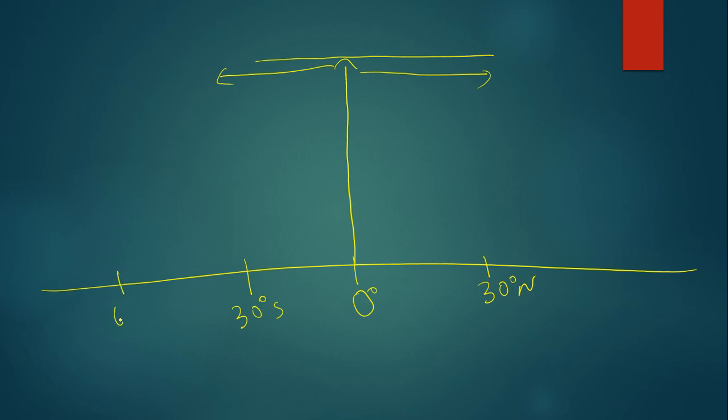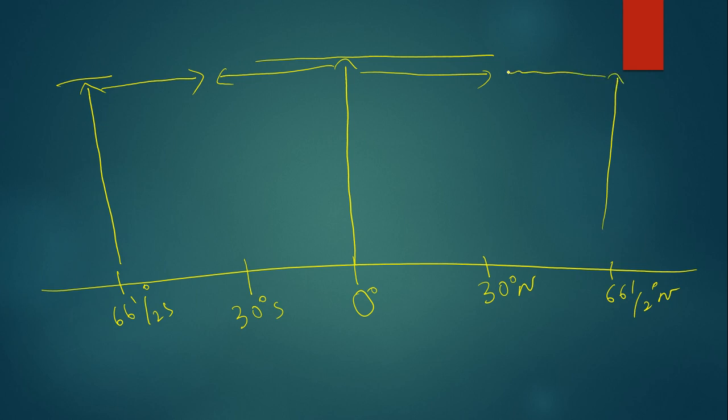And from 66 and a half degree south and 66 and a half degree north, the air is also moving in the upward direction. It is also being bifurcated, and it is converging over here, and ultimately it is descending on the tropical areas.